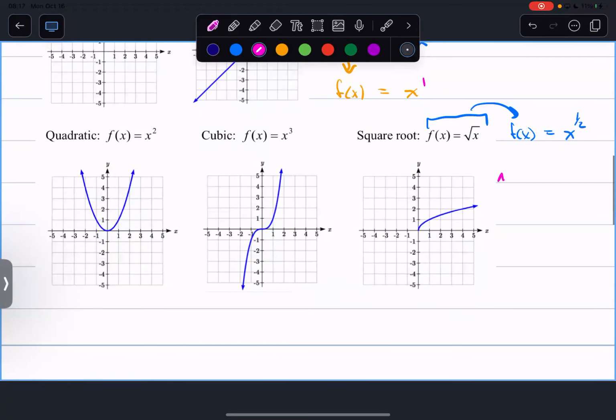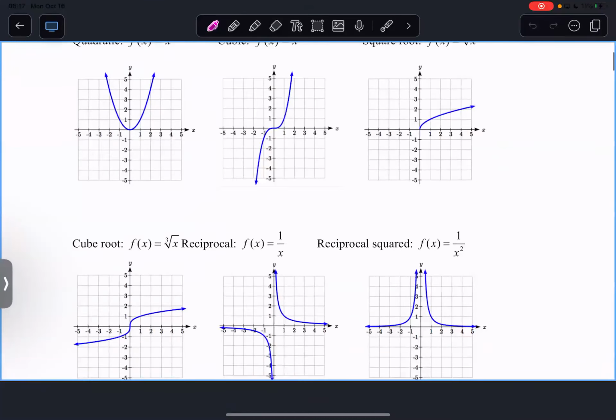And so note, the nth root of x is the same as x to the 1 over n. Now that's a rational, so a fractional power. We're gonna parking lot that for a little bit. We will deal with it, but not right away, okay? But just remember that it is a power function. It's just kind of a weird one, right, with the fraction.